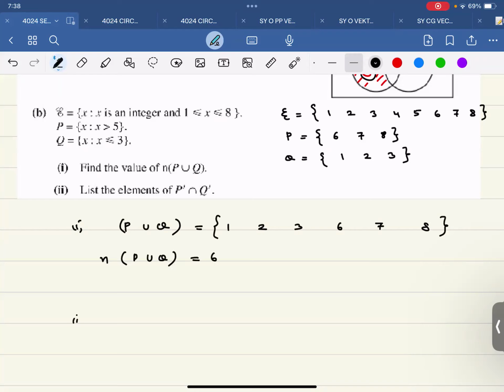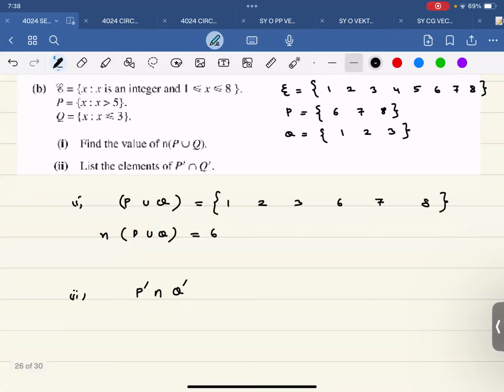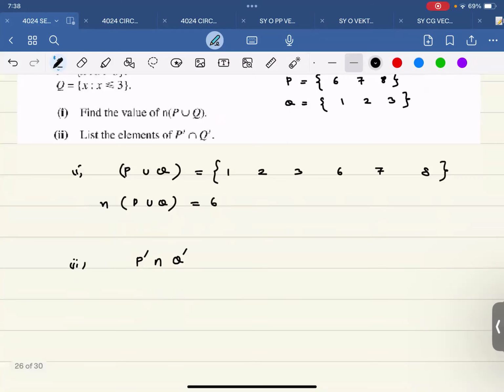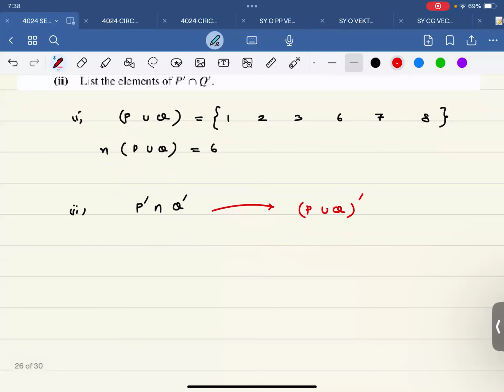List the elements of P complement intersection Q complement. Now, I hope you remember the rule from last time, that this is the same thing as P union Q, the whole thing complement. Remember the rule. Convert the intersection to union and take the complement common out. There is also another rule, which I'll list a little bit later, but for right now, this is what you need to do.